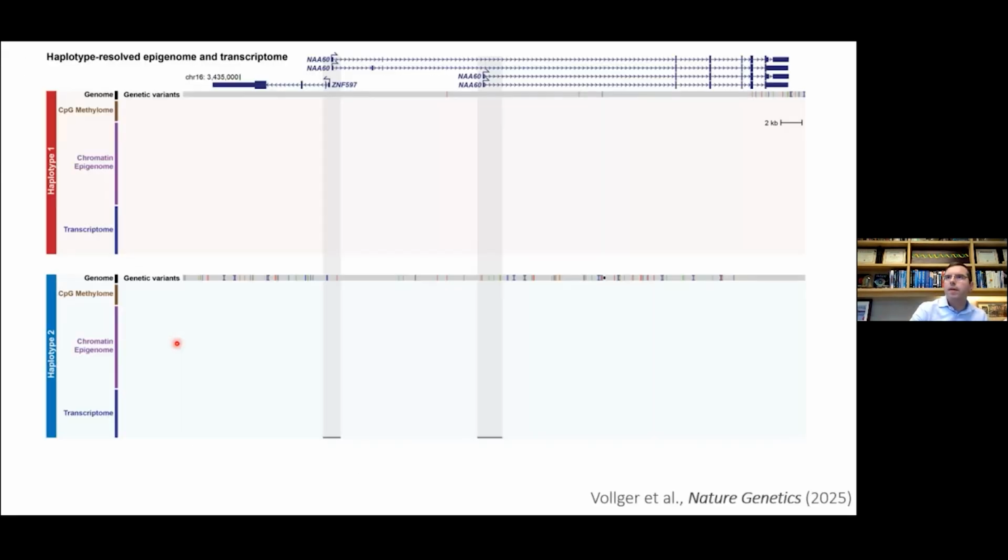And just to visually illustrate why this is a powerful approach, this is what you would get at this individual locus if you had haplotype resolved genetic information. This is showing you the genetic variants on each of the 2 individual haplotypes at this given spot on the genome.